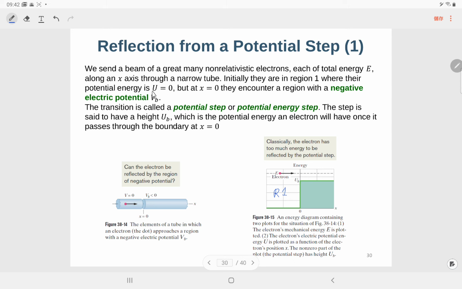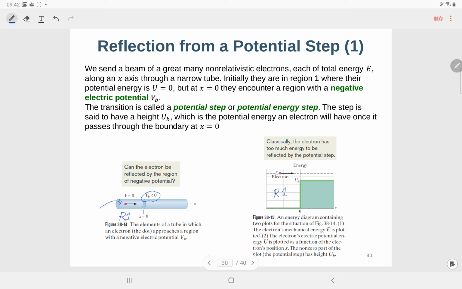You can think of this as the reference voltage, defined to be 0. So this part is region 1. But at x equals 0, they encounter a region with a negative electric potential. This part is VB, which is smaller than 0.